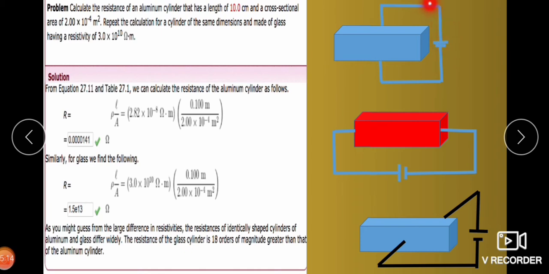The battery is connected maybe between top to bottom surface, across left to right surface, or across front to back surface. Then the value of resistance will be different across the different cross sectional area A and length L. How? Let us see.